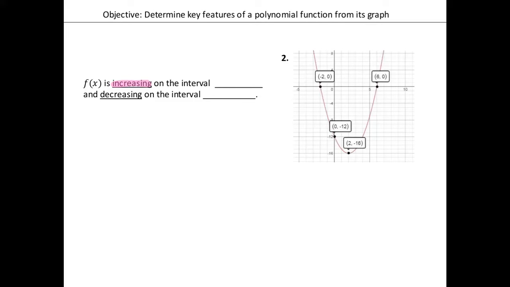So starting at the bottom, going towards the top, that's when my function is increasing because it's going upwards from left to right, okay? So for the increasing, it needs to go up from left to right. That's when you know it's increasing.